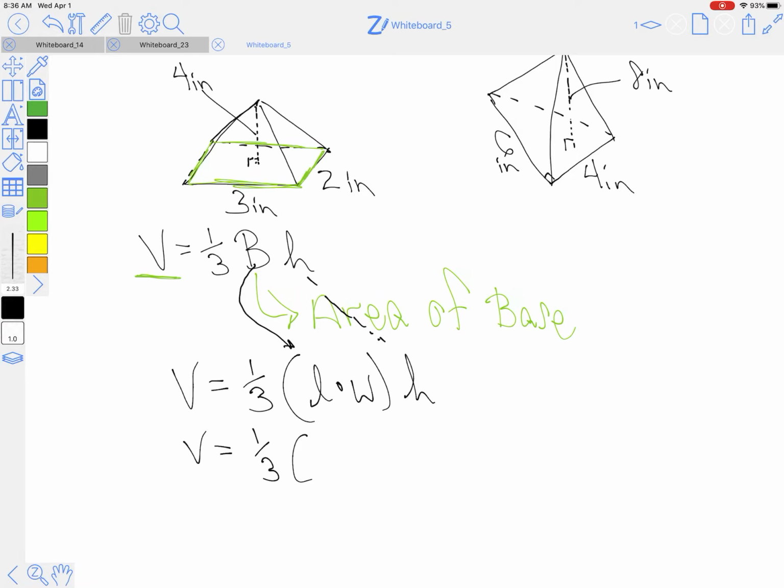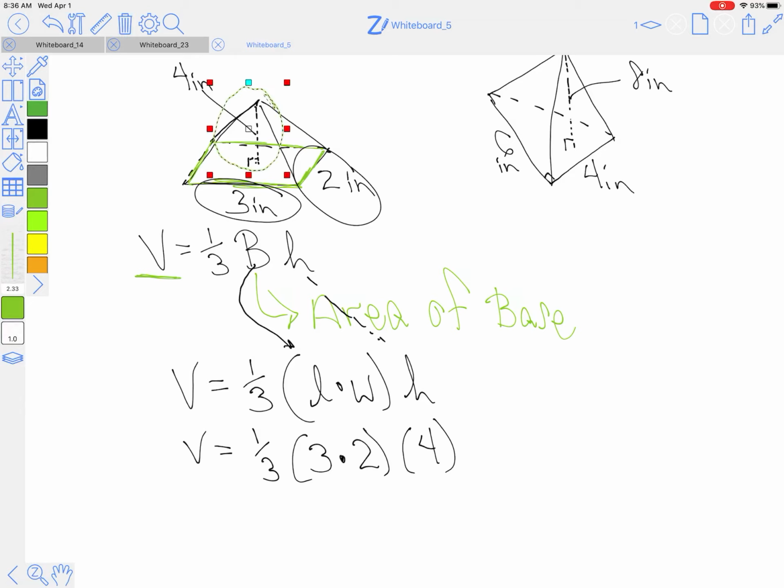Length is that 3, times the width is the 2 there. And the height is my 4. And when you're looking for the height, that should always be this dotted line that connects to the base at a 90-degree angle. So that's kind of what you're always looking at for height.